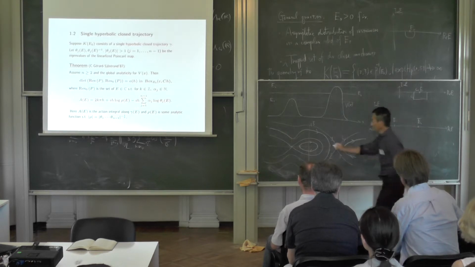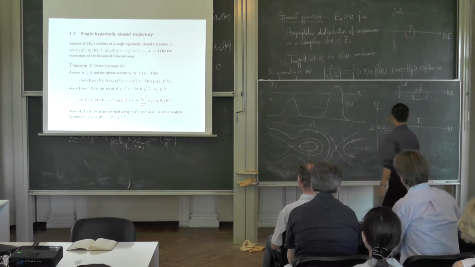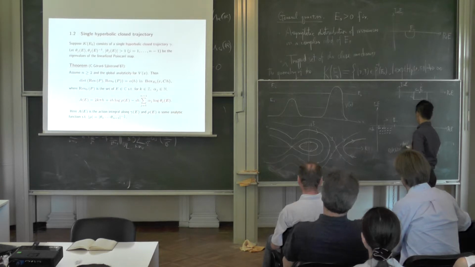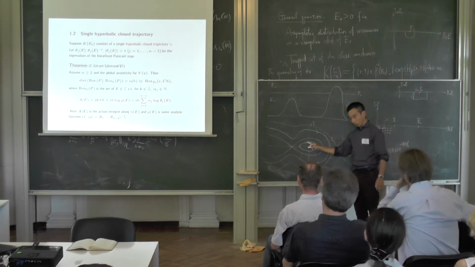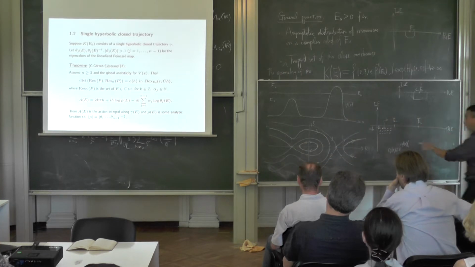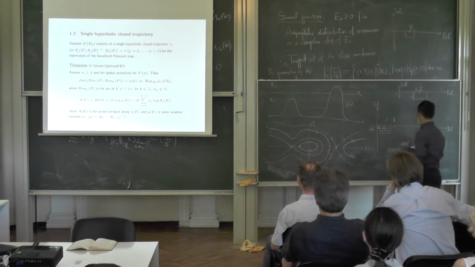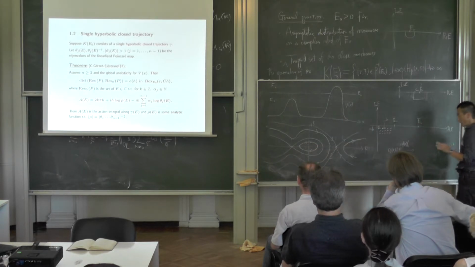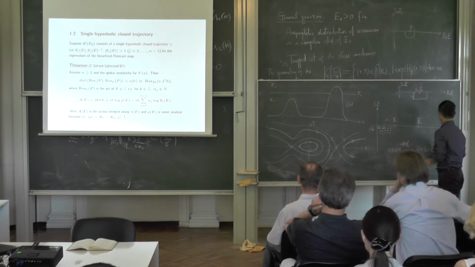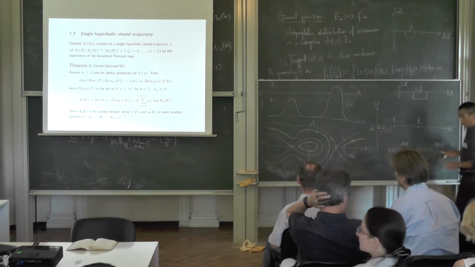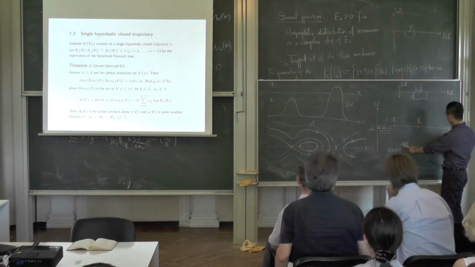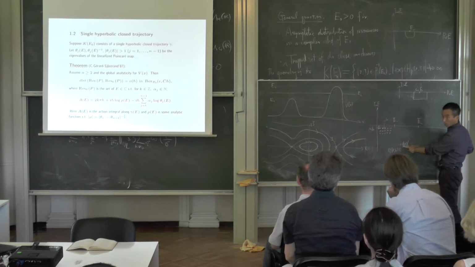So you begin with some WKB form expression at one point, and you do a round trip, and you come back here. In the one-dimensional case, you have also such a form, where phi tilde is phi plus action plus something.